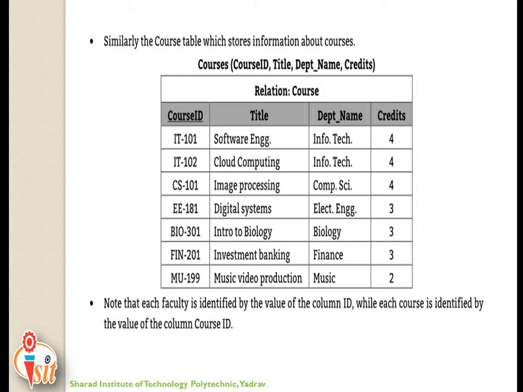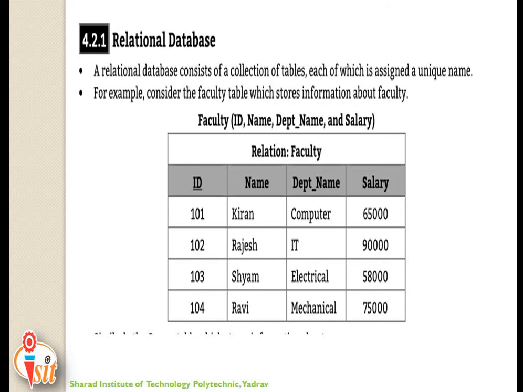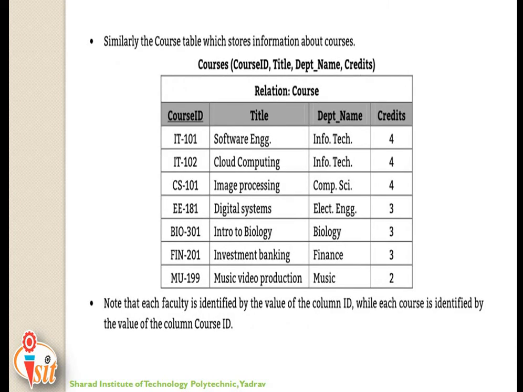Here also course ID is underlined, as in the previous table, because it is unique. Then here are some course IDs like IT 101, IT 102, CS 101, Electrical 181, Bio 301.